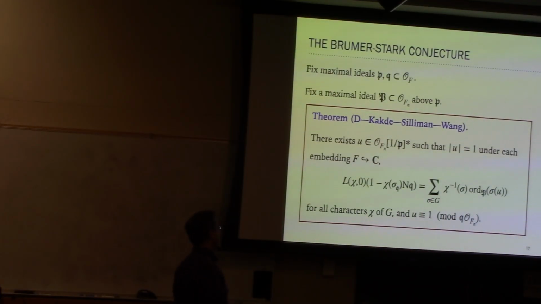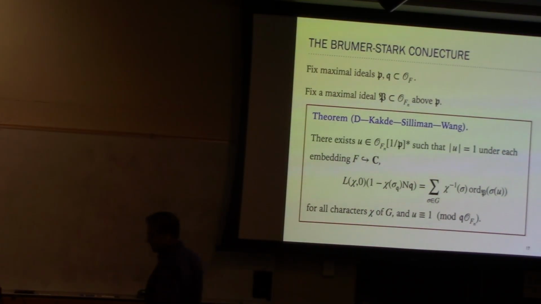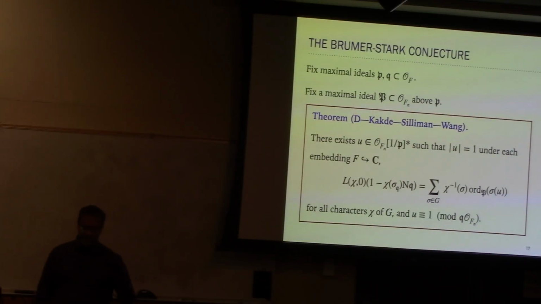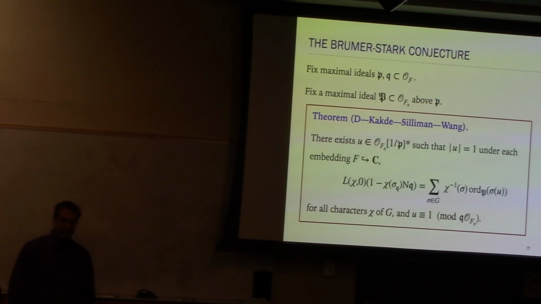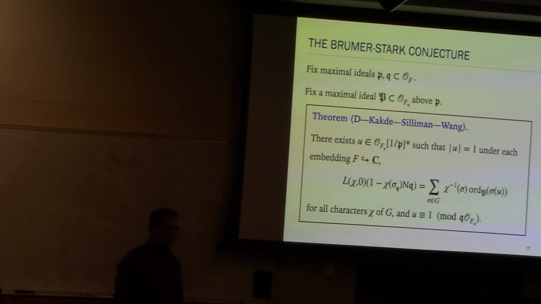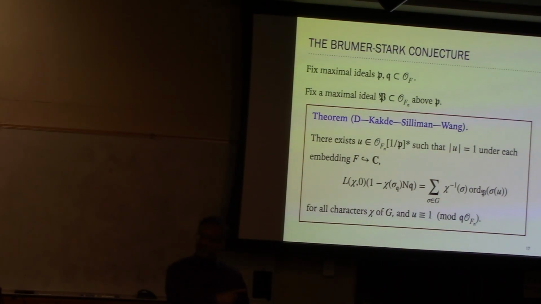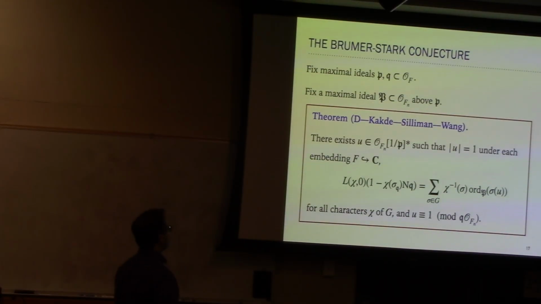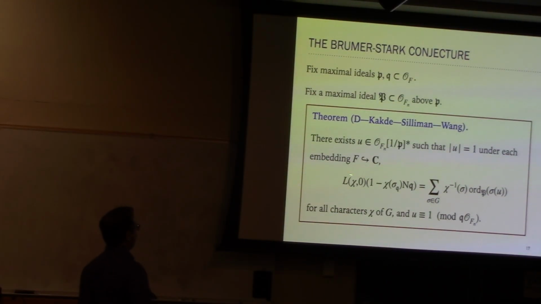And those are easier to handle because these are algebraic numbers. These are not crazy transcendental things like logarithms of units. Okay? So there was a conjecture, and I'll give you the history of this conjecture, but it's called the Brumer-Stark conjecture because it's motivated by the Stark conjecture that I just stated. Where instead of the derivative of an L function, you have the value of an L function.